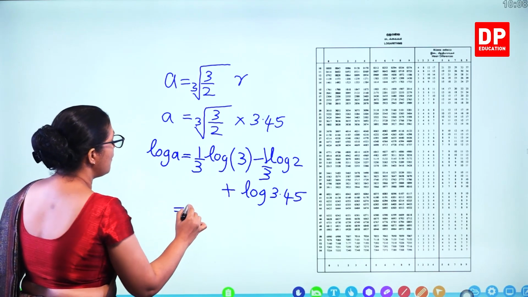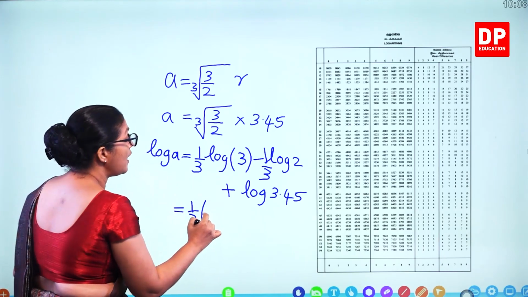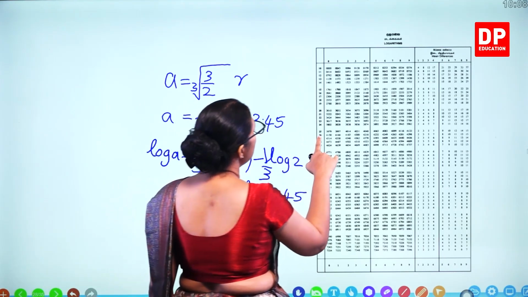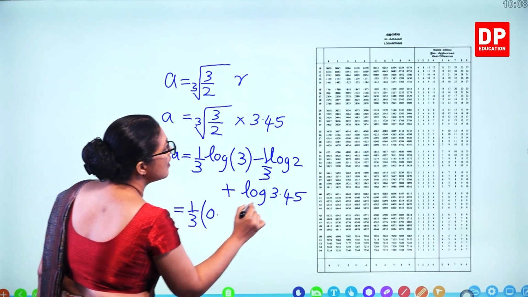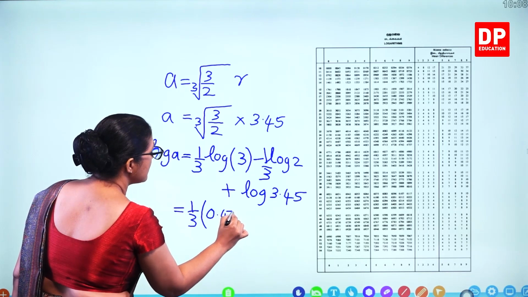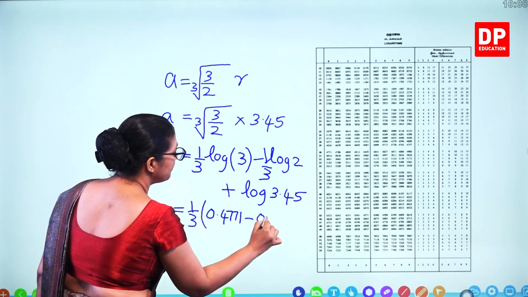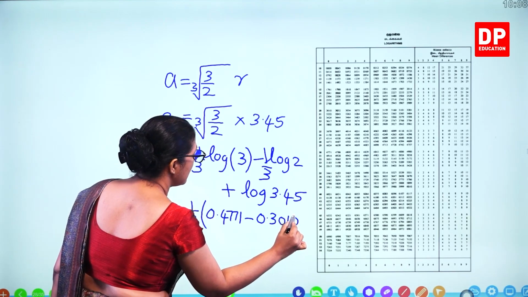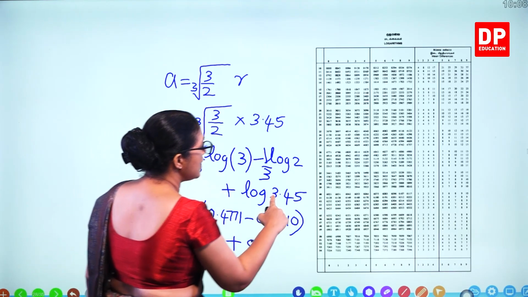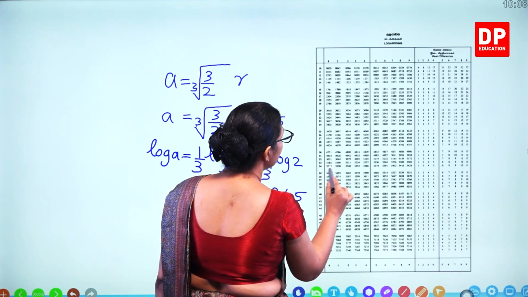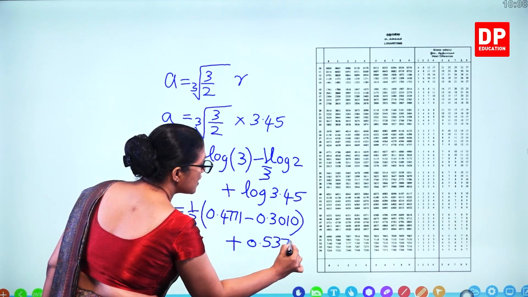Now refer the logarithmic table and write down what is log 3 value. 0.4771. Log 2 is 0.3010. And plus 3.45 means 0.5378.